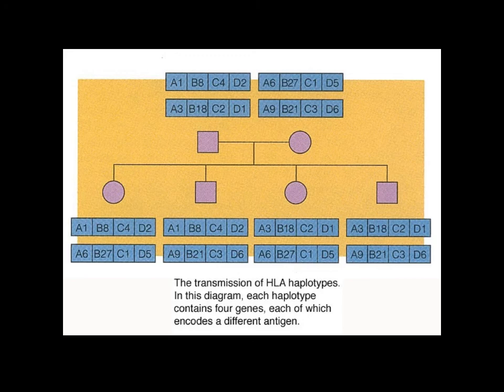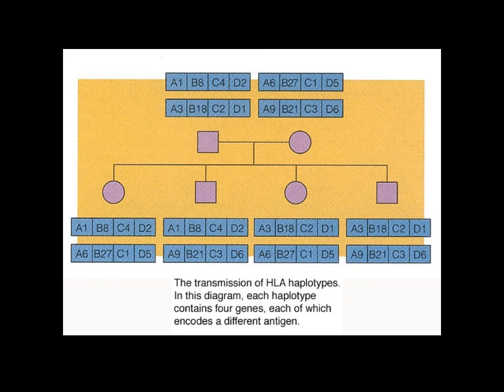And I think you can kind of see that in this family right here. The more closely related the recipient is to potential donors, the more likely it is for a successful match. But it doesn't always work. Sometimes just by chance, they'll find an even better match out there in the world among some unrelated person.